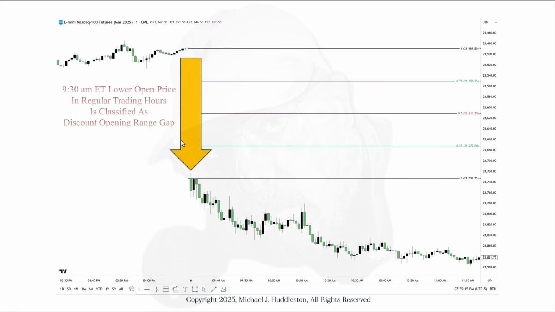If it's this large, again, we have several hundred handles, the 25% of the opening range gap or lower quadrant here, that would be your target, if at all. It may not even trade back to the high or even go back into the opening range gap.